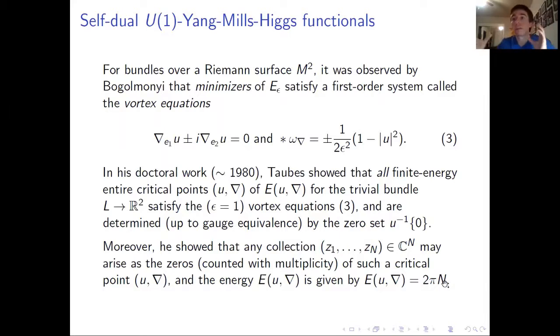So unlike these Ginzburg-Landau energies where we were seeing degrees squared and interactions between points, for any collection of points in the plane, counted with multiplicities, we can find a section and connection satisfying these first-order vortex equations, which have that zero set counted with multiplicity. Their energy is exactly given by, up to a factor of 2 pi, the multiplicity of those zeros.